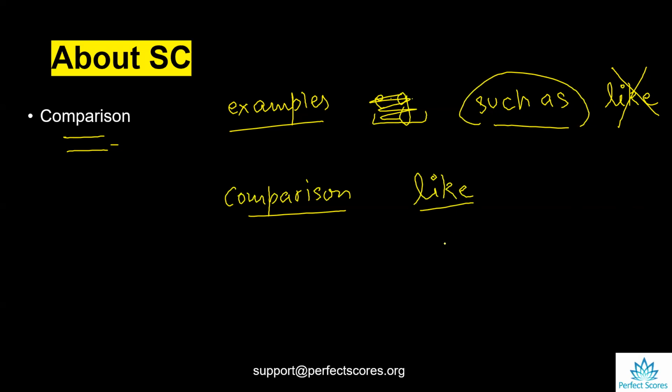And there are a few other idioms that are used for comparison. For example, "as". If you're using "as" once to make a comparison, you have to use the second "as" again. So that's one of the other smaller rules.